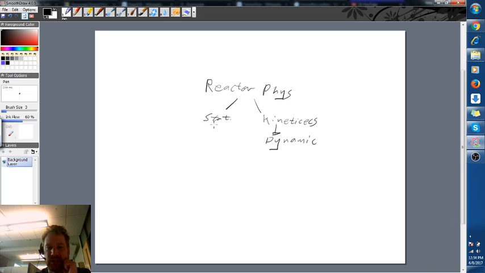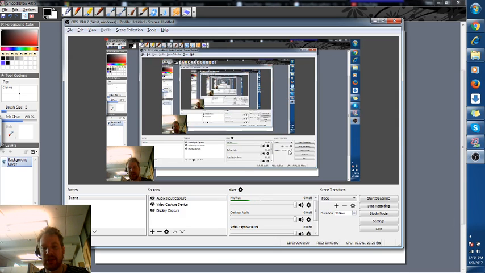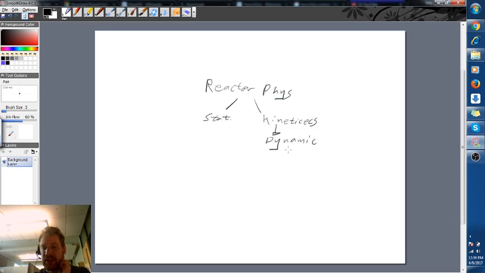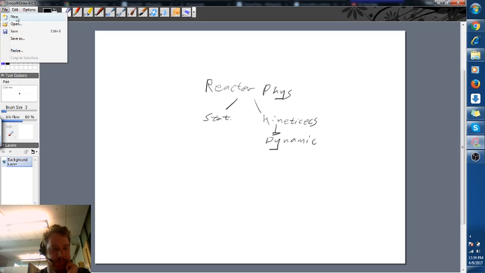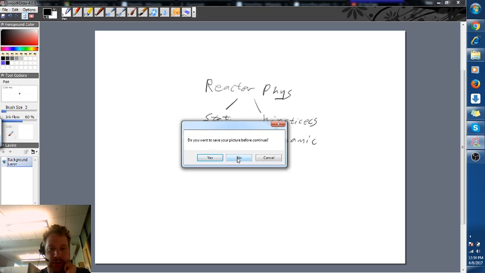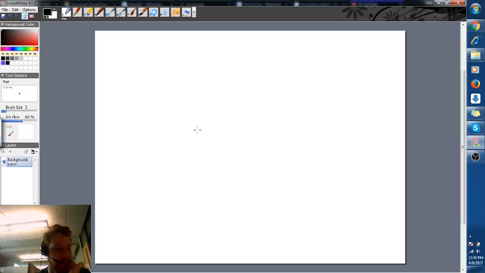Statics refers to the steady state behavior of the reactor, whereas kinetics is the time-dependent behavior of the reactor. And when we talk about dynamics, we're talking about the kinetic behavior with feedbacks such as temperature or density, or even thermal expansion. So that's the broad overview of the subject.